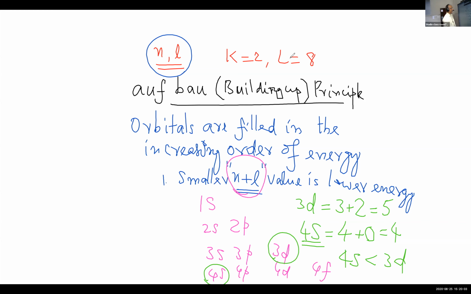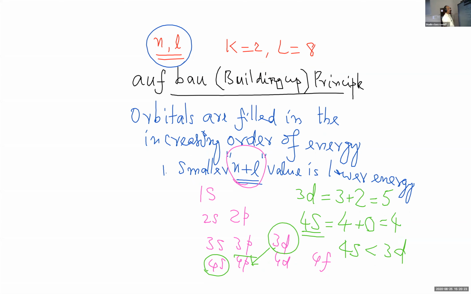Similarly, another example: you take 3D and 4P. You take these two values, and which is having the lower energy?